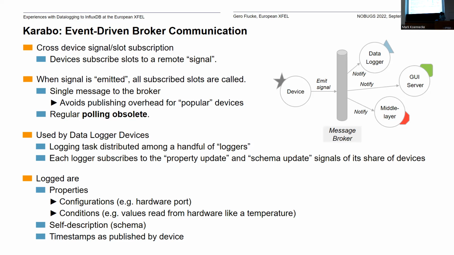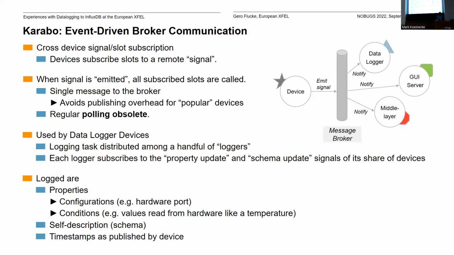Now, as I said, this is used by the data logger devices, where the logging task is distributed in one communication entity among a handful of logger devices, and they subscribe to property updates and schema updates. The schema is a self-description of our devices, and each of these loggers subscribes to its share. What do we log then?